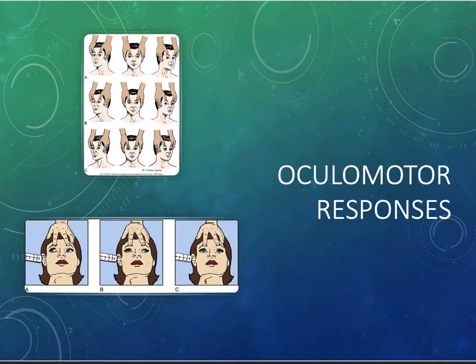Now, the caloric reflex is a test that involves irrigating with cold water in the ear. So when you put cold water into the ear canal, then the eyes should look at the ear that is being irrigated.